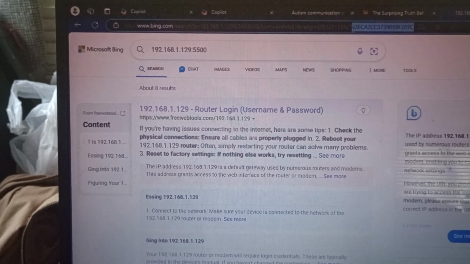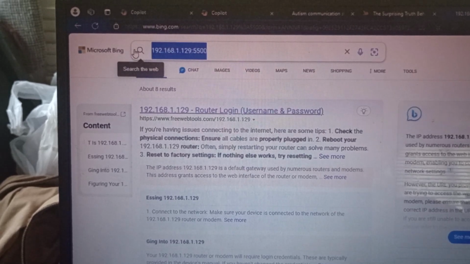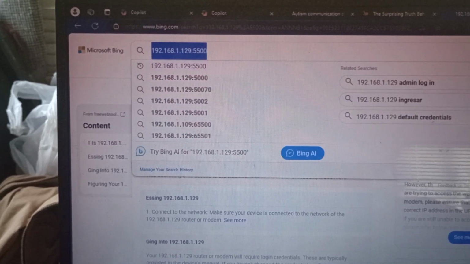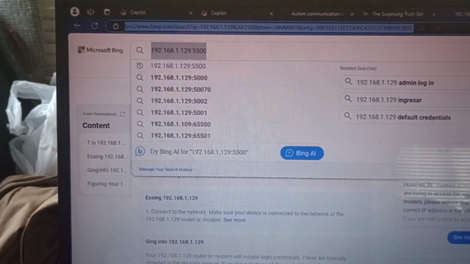Well, what happens if I just copy this and I paste it up here?